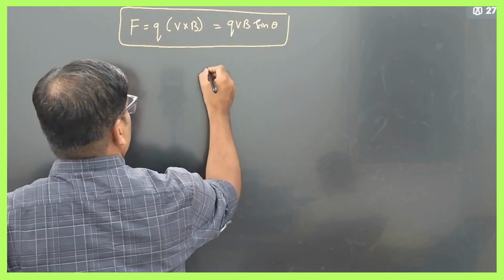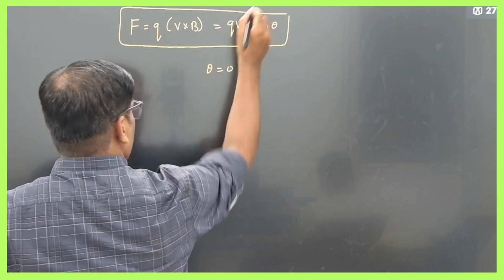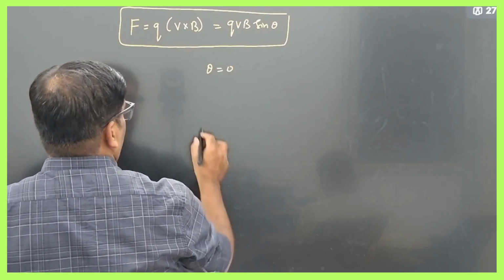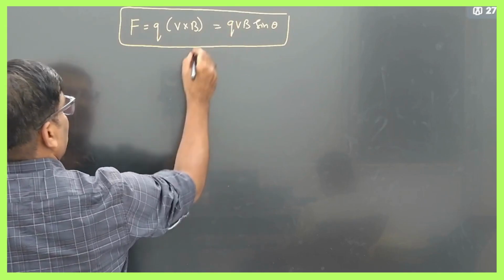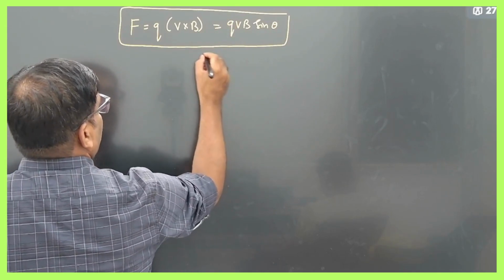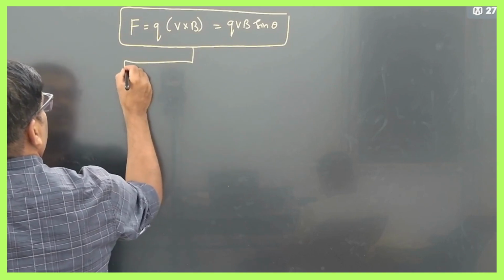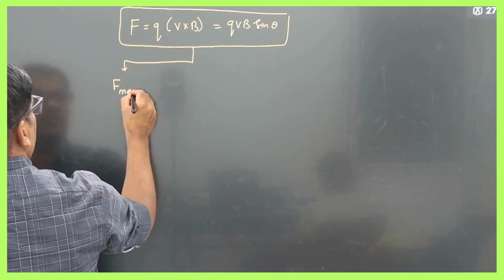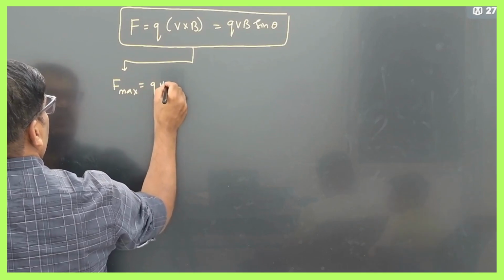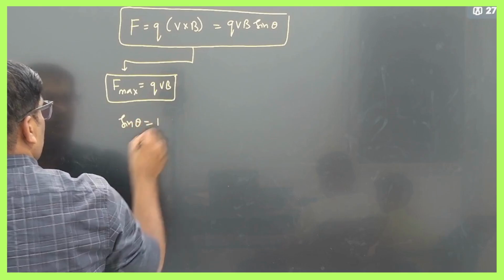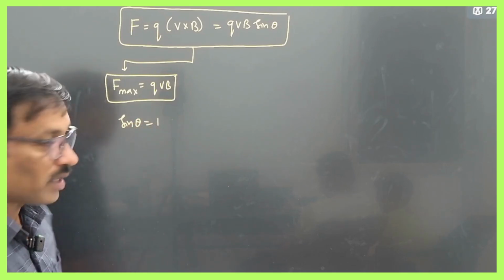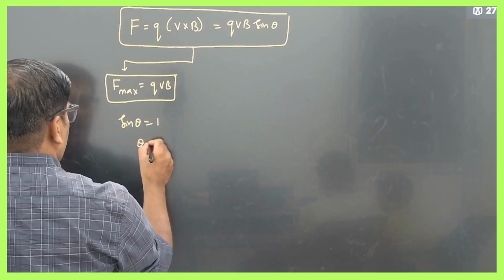When will the force be maximum, and when will it be zero? The force is maximum, Q V B, when sin theta is equal to 1, which means theta is 90 degrees.